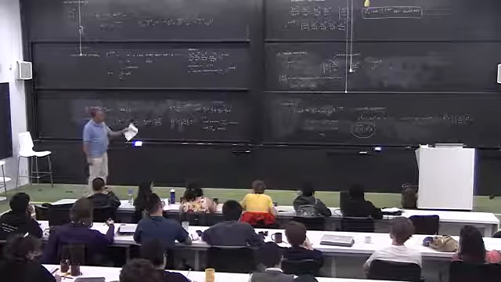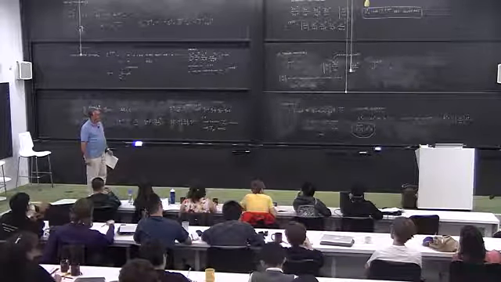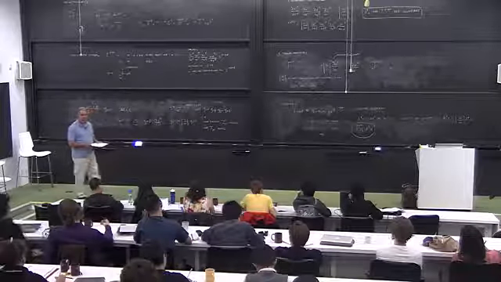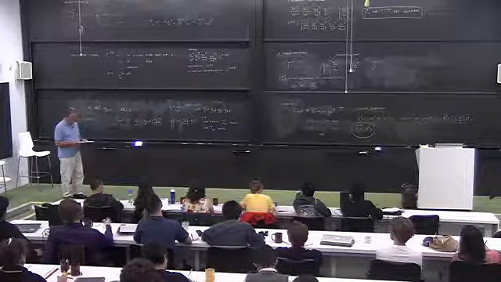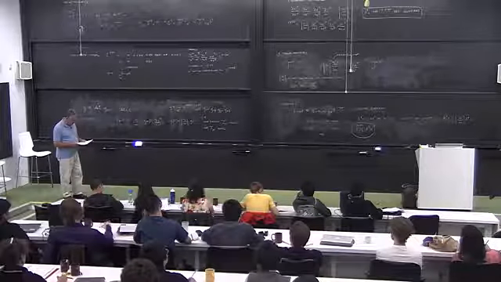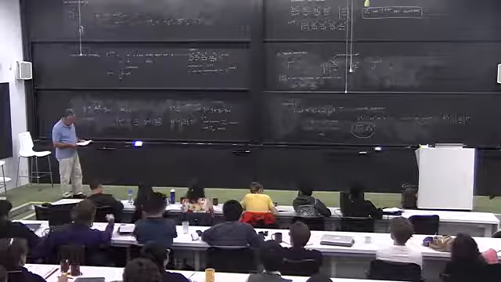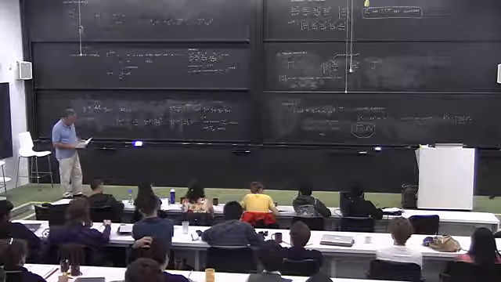But that object, square root of G d4x, will crop up again and again when we come to do the physics of general relativity. Any questions?